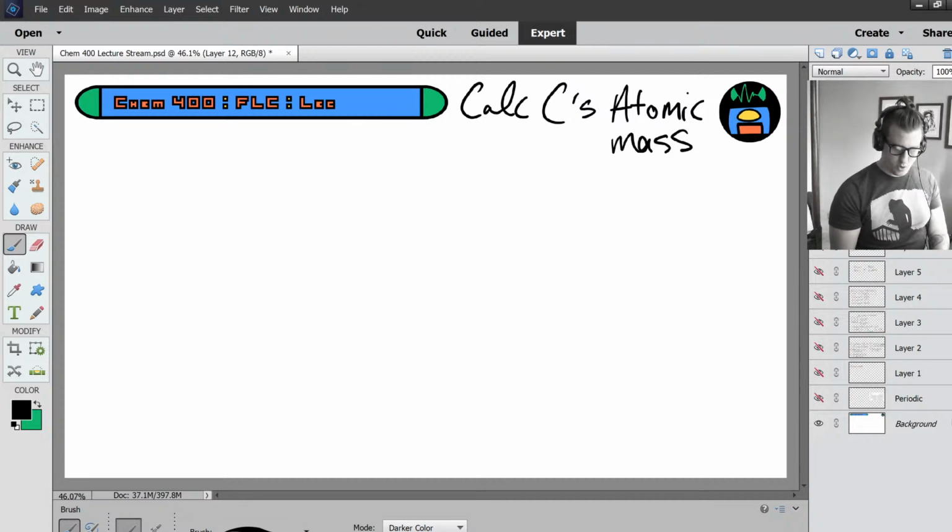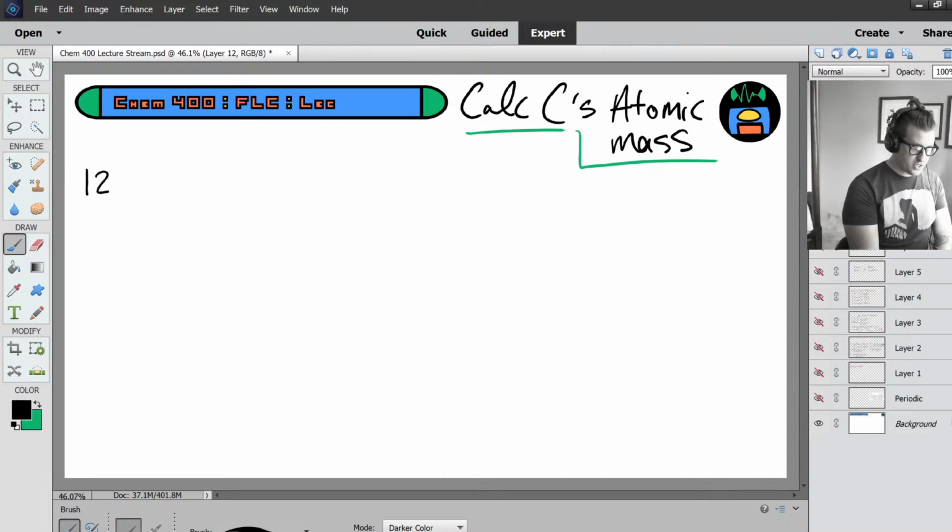So let's calculate carbon's atomic mass. All right, so what we've got to do is take the atomic mass of each isotope and multiply it by the natural abundance, which is given as a percentage, and we need to convert that natural abundance into a decimal. So you divide by 100.